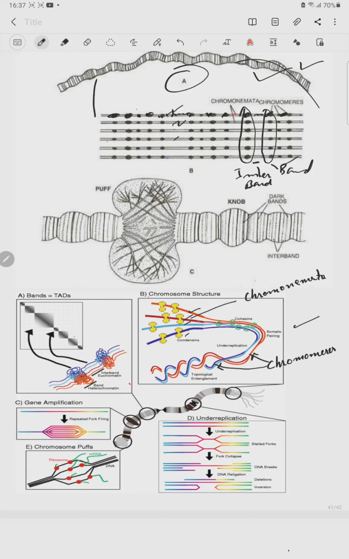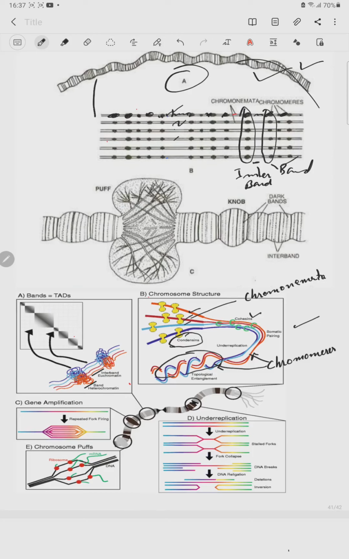These DNA molecules are highly coiled and arranged side by side. These are separated with the help of condensin proteins. But cohesin protein is responsible for their tight packing and more coiling, that is this structure. It is the chromomere. In between the chromomeres there is uncoiled or loosely packed DNA.